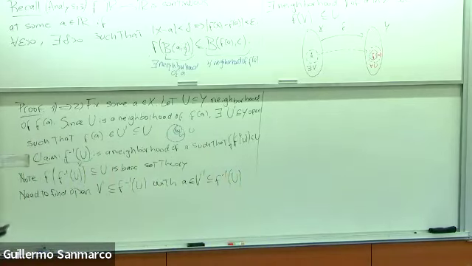If V should be f inverse of U, which contains an open U prime, what should V prime be? Preimage of the only open guy we have.